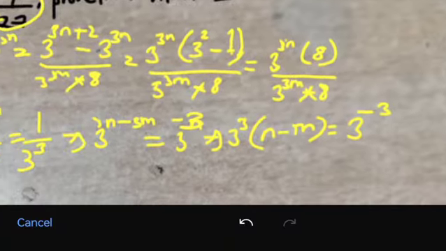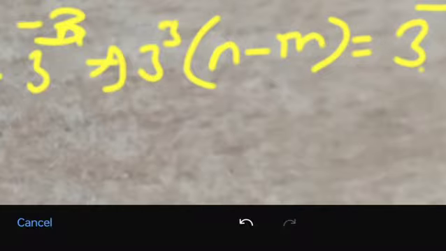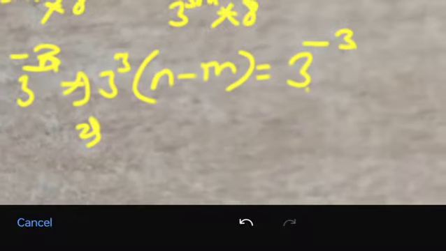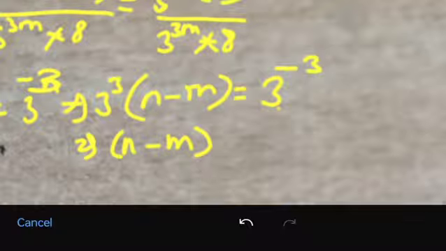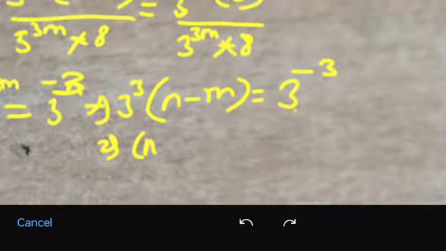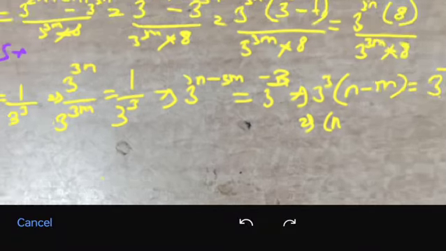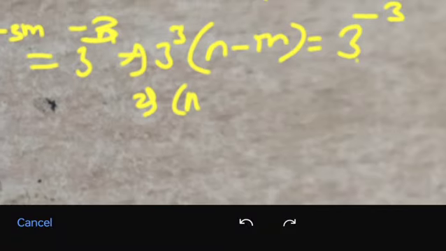Now we would transpose it. So n minus m, sorry, my bad, wait a second. Yes, so I was telling that, sorry, let me erase.